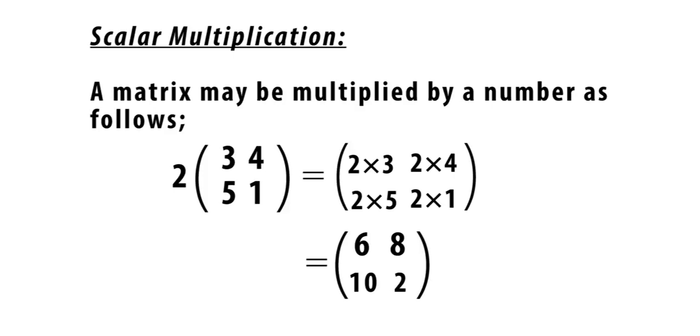2 multiplied by the matrix 3, 4, 5, 1 is equal to 2 multiplied by 3, 2 multiplied by 4, 2 multiplied by 5, 2 multiplied by 1. In other words, just use the 2 to multiply each of the entries.